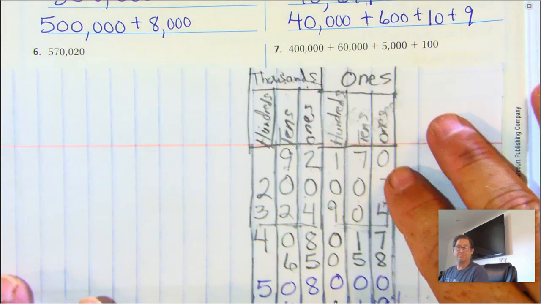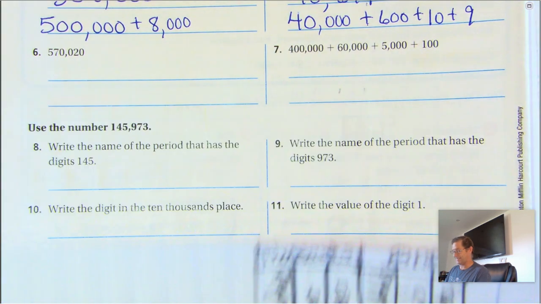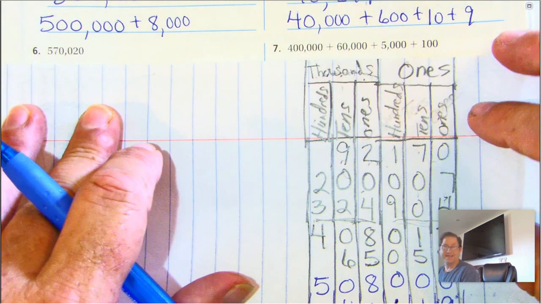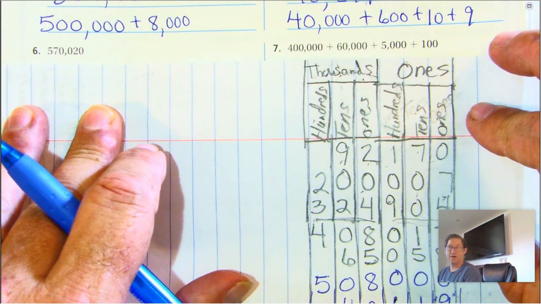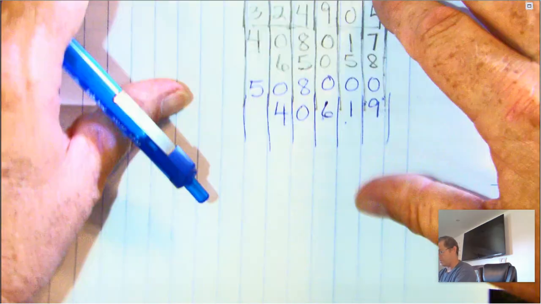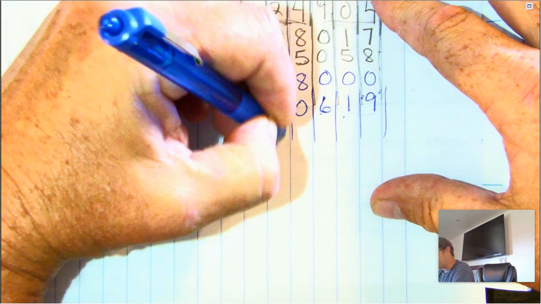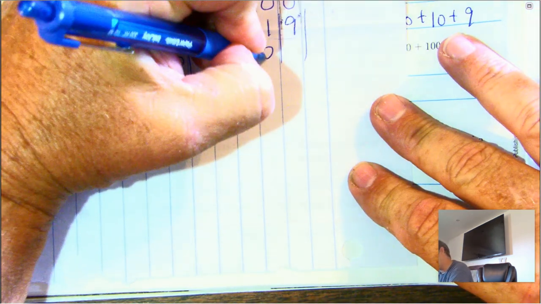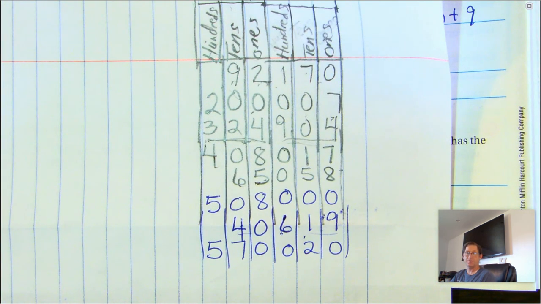All right, in number 6, I see 570, comma 020. So I'm going to write that in. 570, 020. So that's what we have in our place value chart.